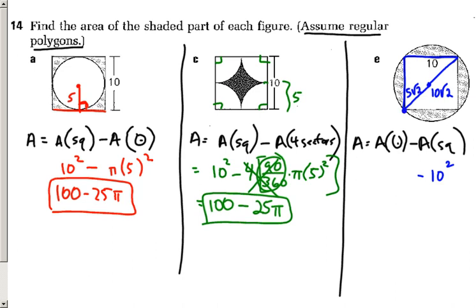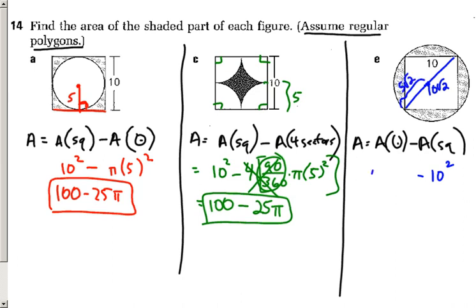If you're having trouble seeing that, basically what you have again is a 45, 45, 90, because it's a square. So the diagonal is 10 root 2, which is actually the diameter of the circle, which makes the radius of the circle 5 root 2.